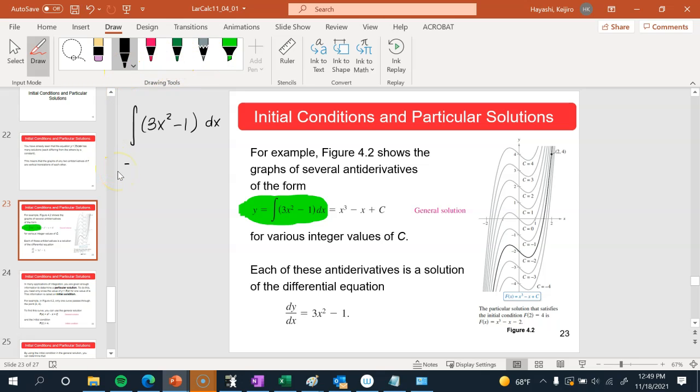Well, that should be 3x squared, except that I'm going to add 1 to the power, resulting in a power of 3, and divide by that new power.